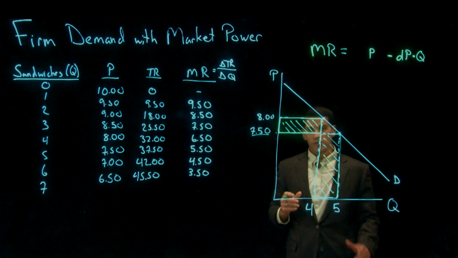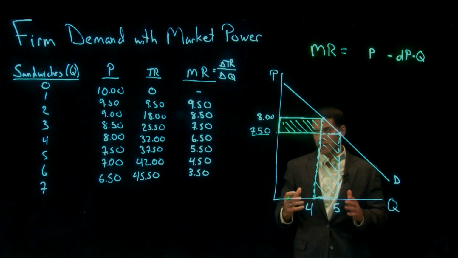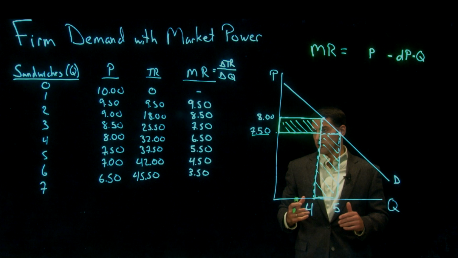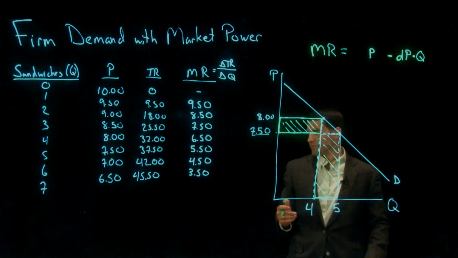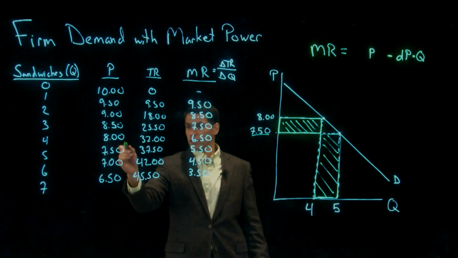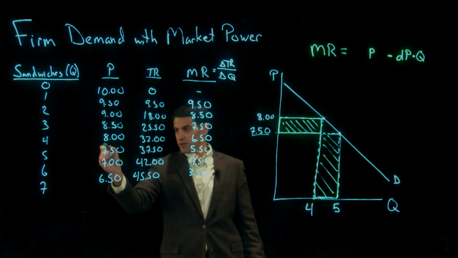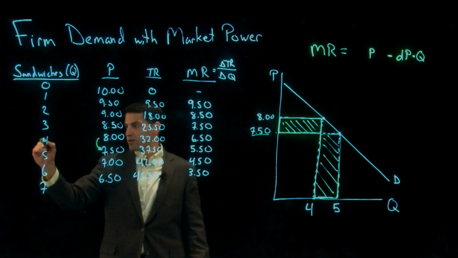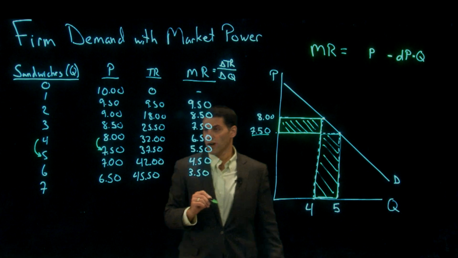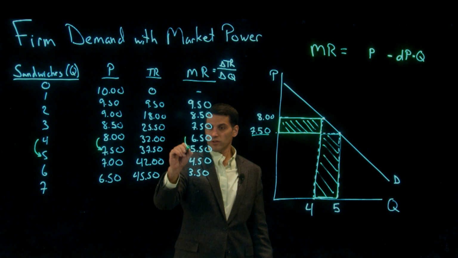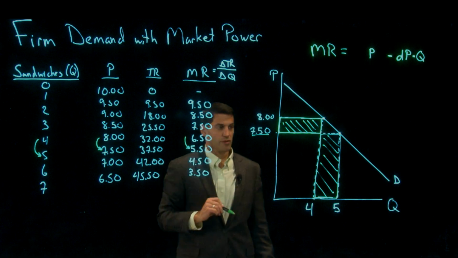So when we're breaking down the components of how we get this marginal revenue, what are they getting for this fifth sandwich? Starting off, they had that price of $8, and then they drop the price to $7.50, and quantity goes up from 4 to 5. This is what we're looking at here. We're working on this marginal revenue, the $5.50.